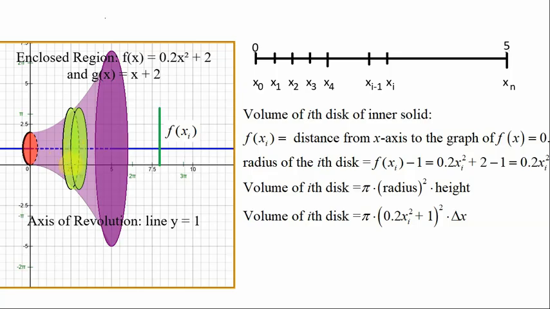And so x sub i is right here on the x-axis. f of x sub i would be the distance from the x-axis up to the graph. But notice that f of x sub i is not the radius of this ith disk. So to get the radius, we need to do f of x sub i minus 1. f of x sub i is the distance from the x-axis up to here, and then we need to subtract 1 to get the radius of the ith disk.